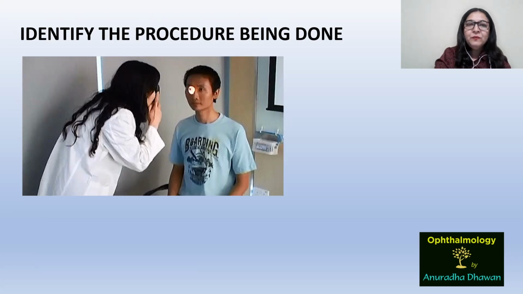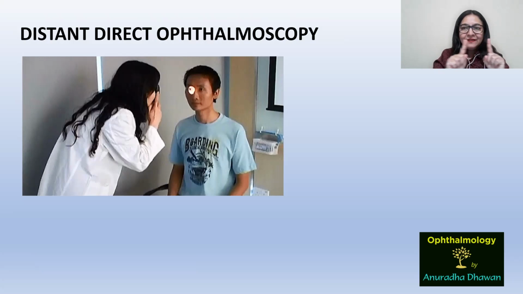Okay, but the point to be noted over here is that there is a distance between the examiner and the patient. This is your procedure of distant direct ophthalmoscopy. Okay, here we are using the direct ophthalmoscope, but from a distance. That is why it is known as distant direct ophthalmoscopy. The distance is 25 centimeters.